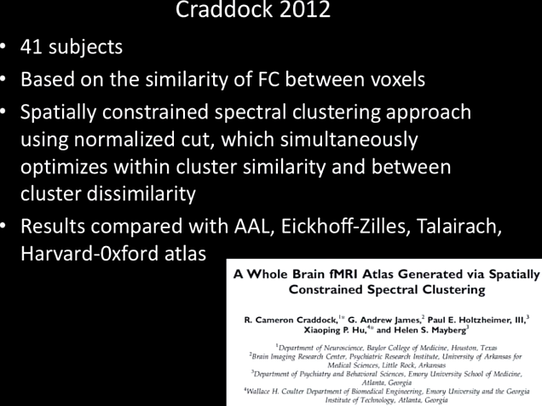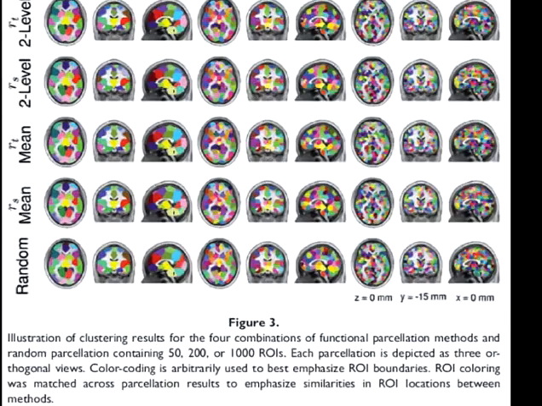from the neighboring clusters. In this paper, it was very nice because he did a comparison with the AAL atlas, the Zilles-Eickhoff atlas, the Talairach, and the Harvard-Oxford atlases to see how the Craddock atlas measures up on these similarity metrics, compared to all these other parcellation schemes. He's got, again, different levels: 50, 200, and 1,000 ROI parcellations.